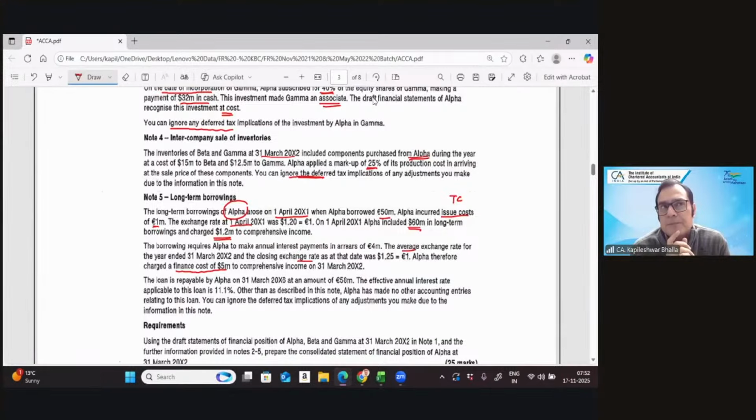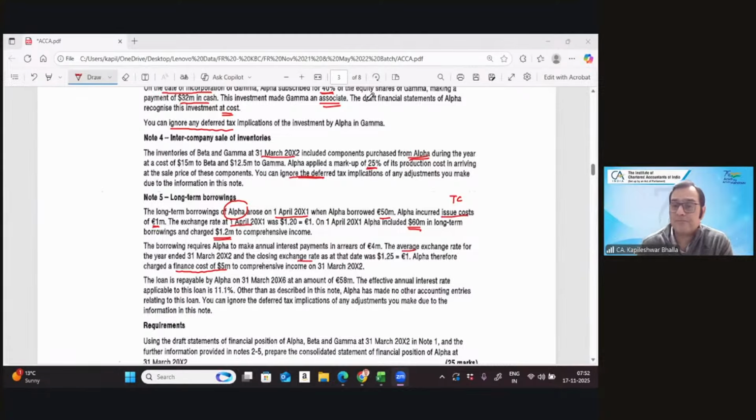Now, the question is, if there is a TC, are you going to consider the interest at the contracted rate in the P&L? Or would the presence of TC trigger the concept of EIR? Because we know that whenever there are any inputs, let's say a premium or a discount or a TC, that would trigger the need of calculating the effective interest rate. Wonderful. So which means the calculation of the interest is also incorrect. We need to rectify the same as well.